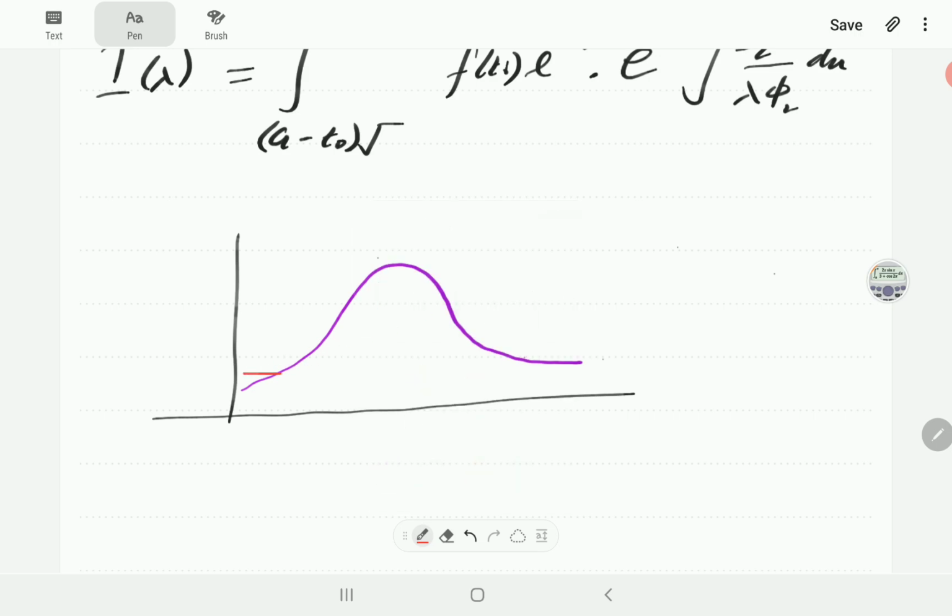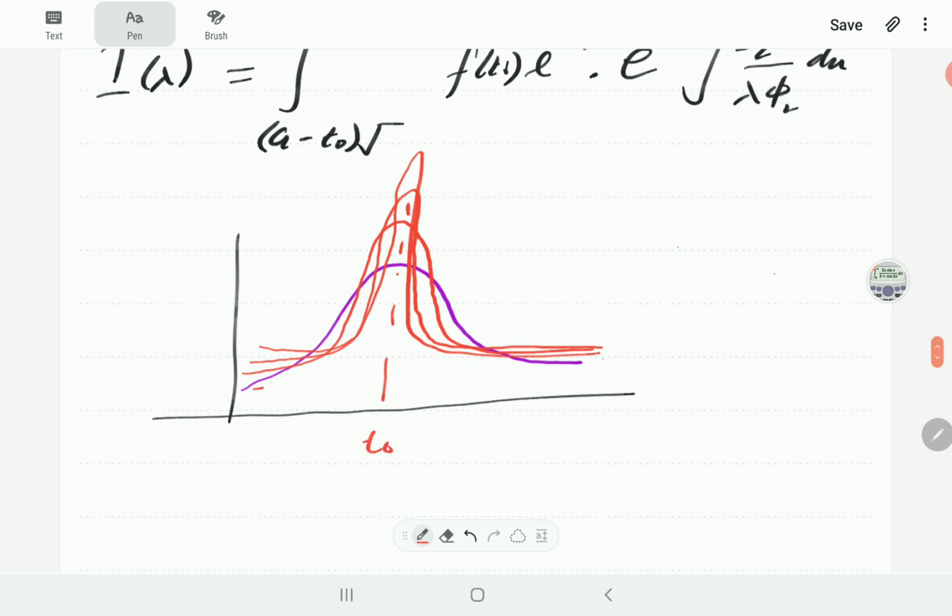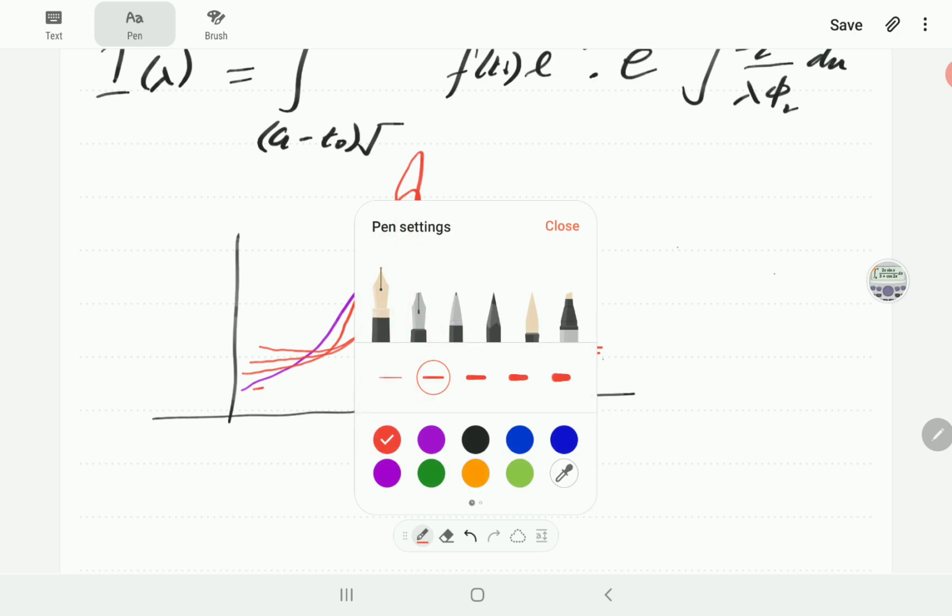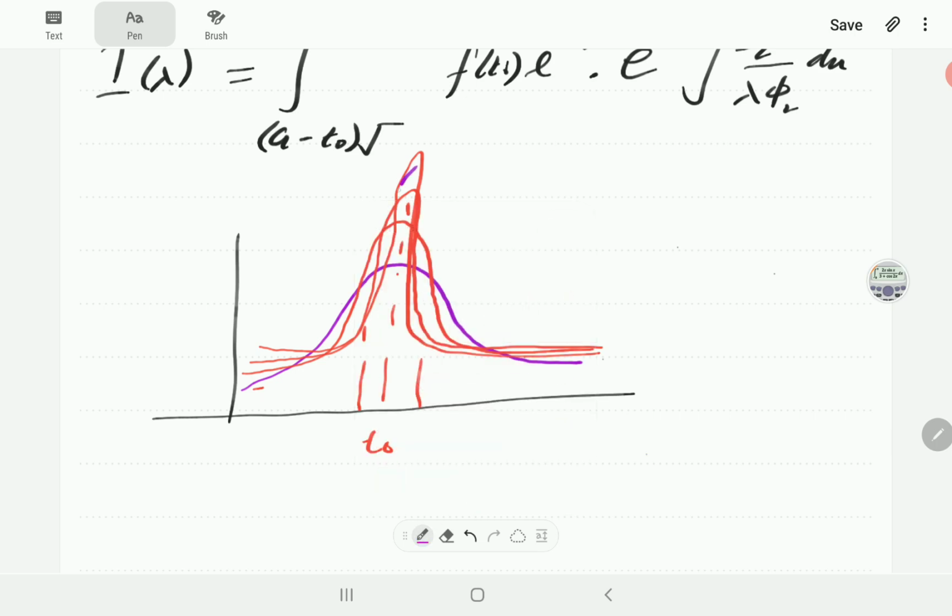lambda times phi, so as lambda becomes bigger, these values of phi that are bigger are going to be amplified, and so increasingly the values that are away from t naught are going to become more and more negligible, while the bigger values in the neighborhood of t naught are the ones that are going to be amplified.